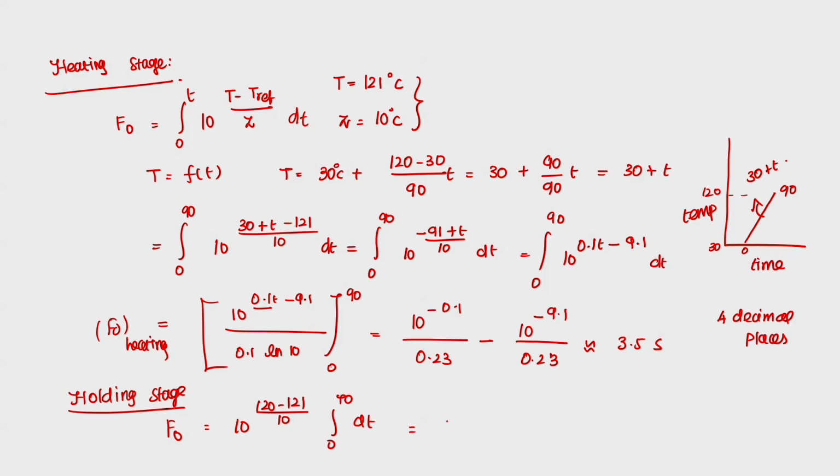This becomes 10 to the power of minus 1 upon 10, into 70, which is around 55.6 seconds. The next one is the cooling stage.